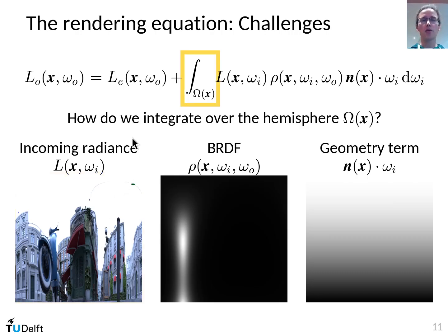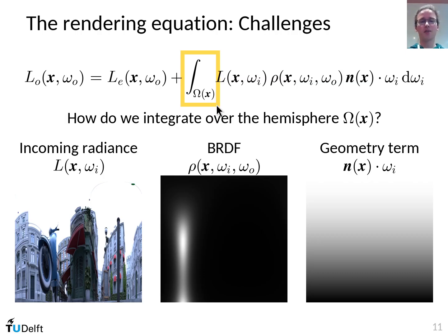And then the other problem that we encounter here is that we have to compute an integral over a hemisphere. And this integral is a two-dimensional integral because the hemisphere is a two-dimensional object. And it's not so clear how we should go about computing this.